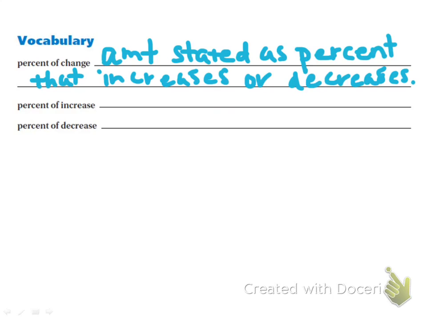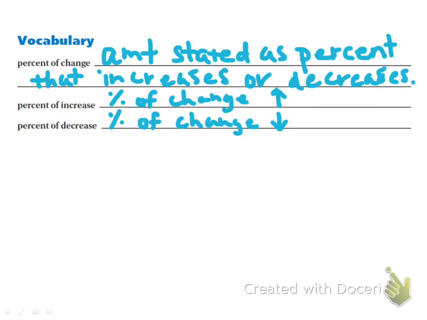So percent of increase is obviously a percent of change that increases, and a decrease is a percent of change that decreases.